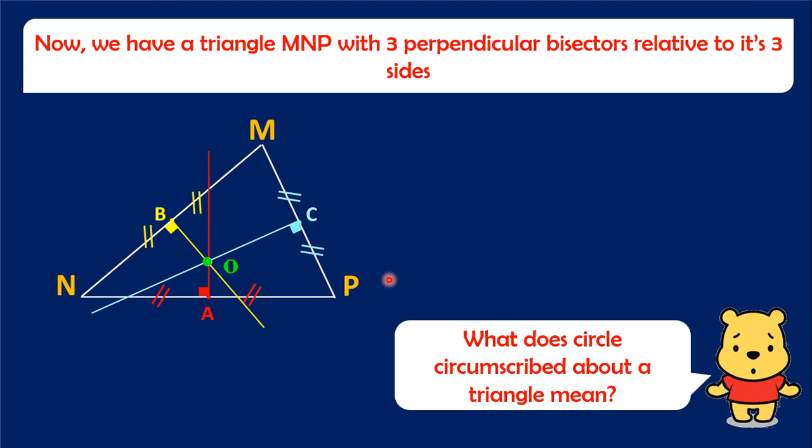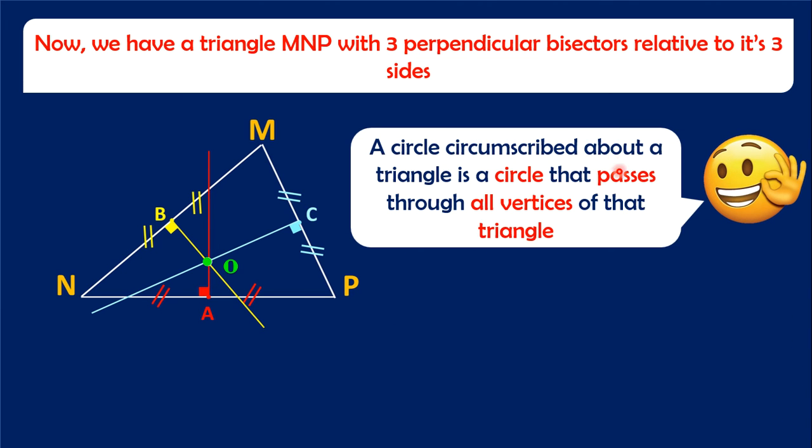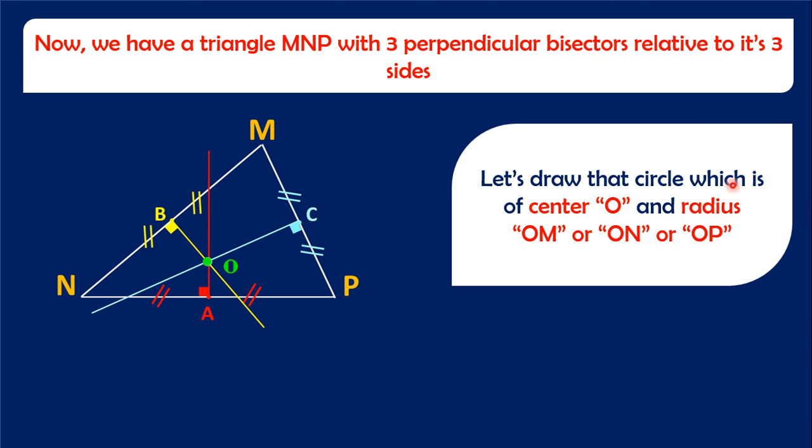Okay, what does circle circumscribed about a triangle mean? A circle circumscribed about a triangle is a circle that passes through all vertices of that triangle. So in our case here, that circle must pass through all vertices of MNP, through N, through M, and through P. Now let's draw that circle, which is of center O and radius OM or ON or OP, because they are equal.